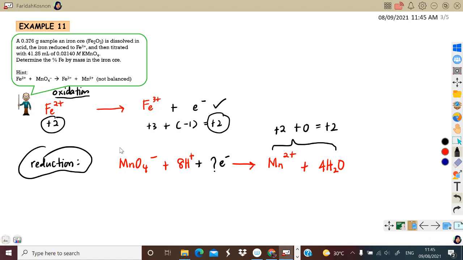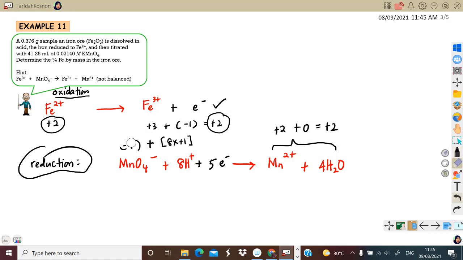Okay, so now we have negative 1 plus 8 times positive 1. Okay, 8 tolak 1, 7. Okay, 7 tolak berapa sama dengan positif 2. So, kita tahu di sini kita mesti letak 5 mole of elektron.